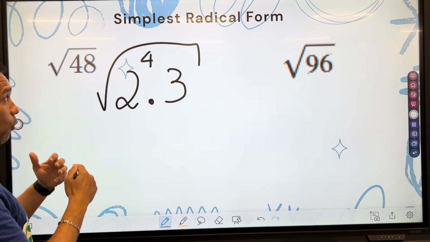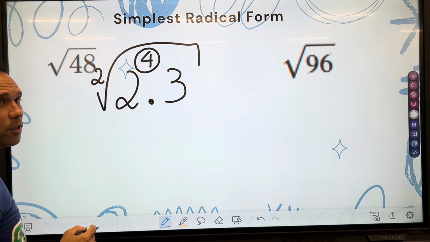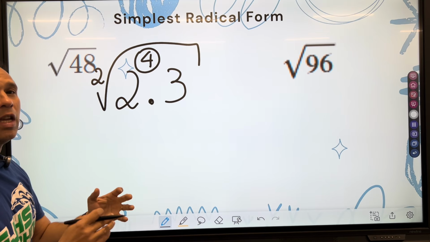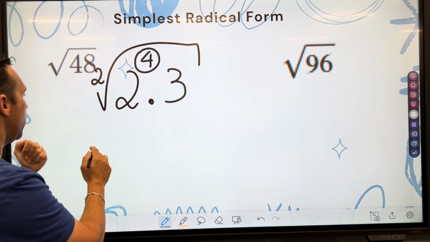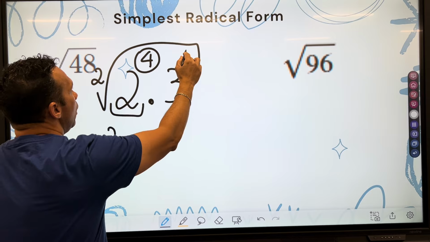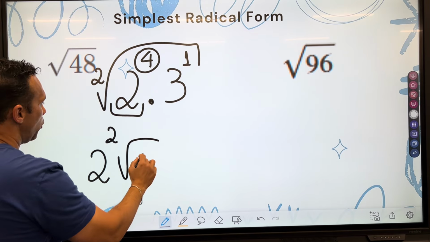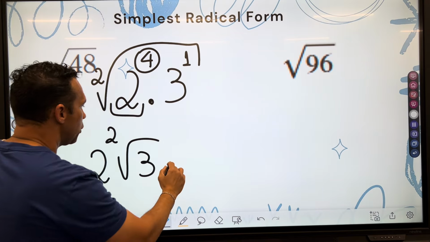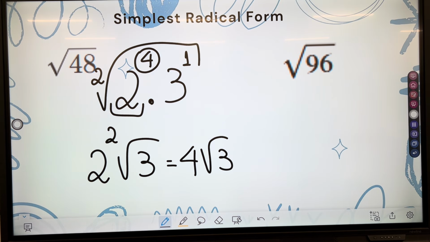How do we free them? We divide the exponent by the 2 hidden in the square root. So 4 divided by 2 will be 2, and we keep the base 2. The 3 has only $1. He can't pay the 2, so unfortunately, he can't go out. 2 to the power 2 is 4. So the answer for that would be 4 square root of 3.